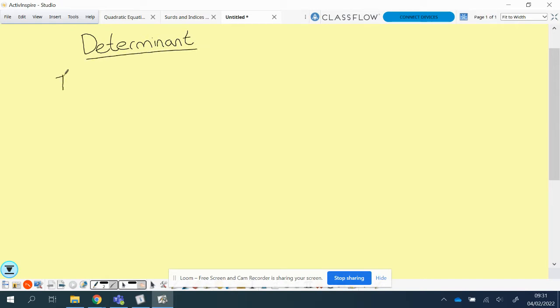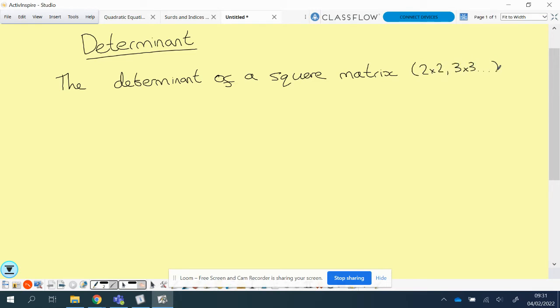Okay, so the determinant of a square matrix, i.e. 2 by 2, 3 by 3, and so on, is a number associated with the matrix.